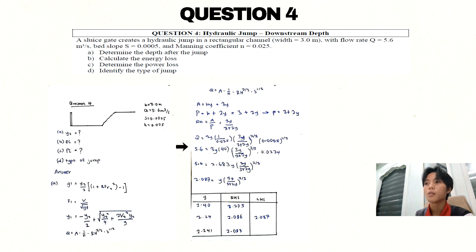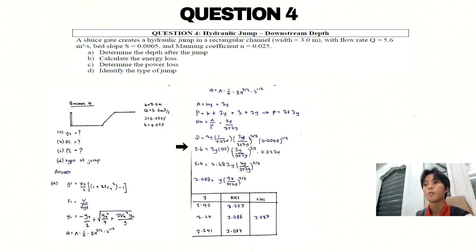So for A, we'll be using the formula for Froude equals V over square root of G times Y. For the depth 1 or y1, we will be using negative y2 over 2 plus square root of y2 square over 4 plus 2 v2 square times y2 over gravity.